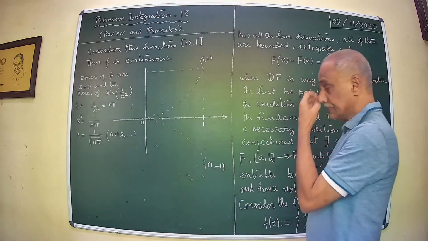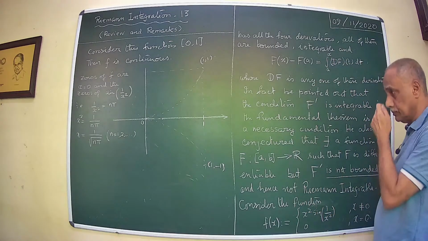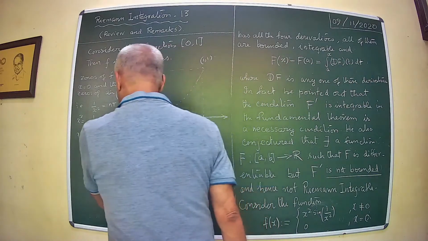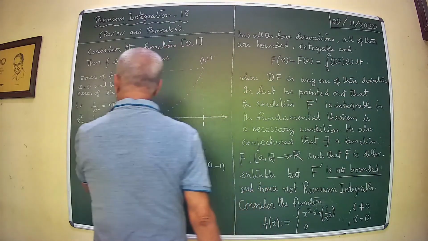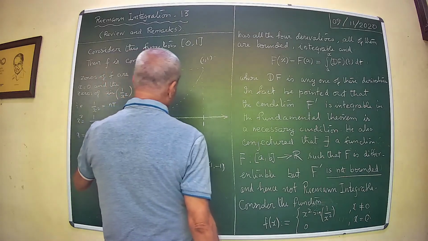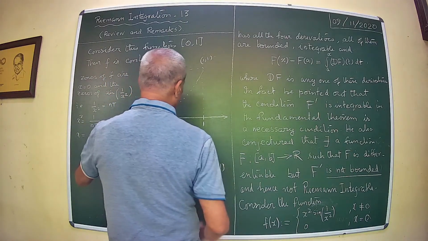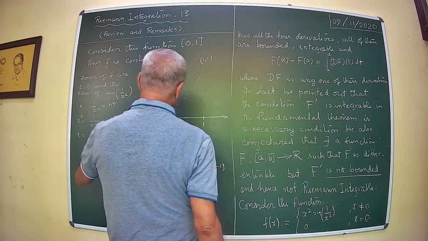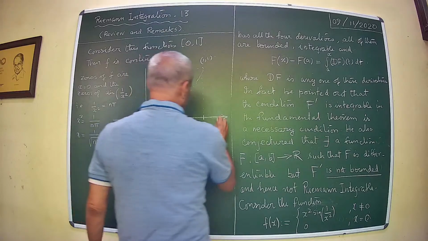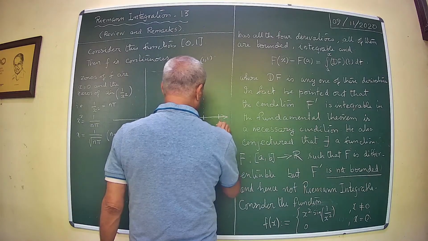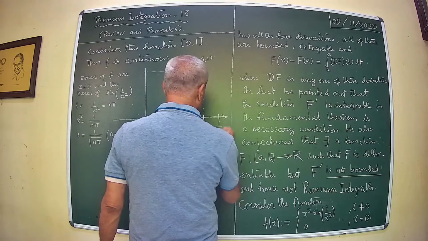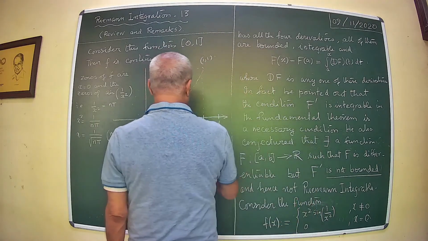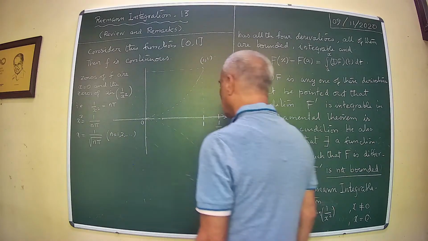So other than 0, these are the points. Now if you look at these points, n equal to 1, you are at 1 upon root pi, which is somewhere here. Then you have 1 upon root 2 pi.